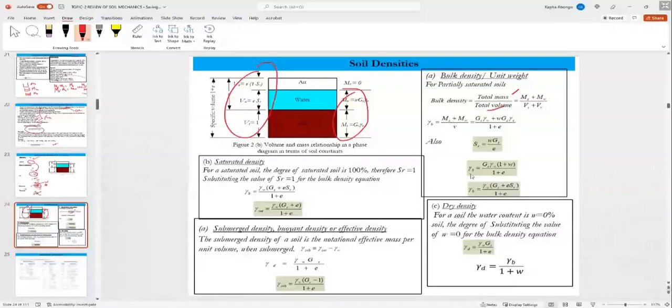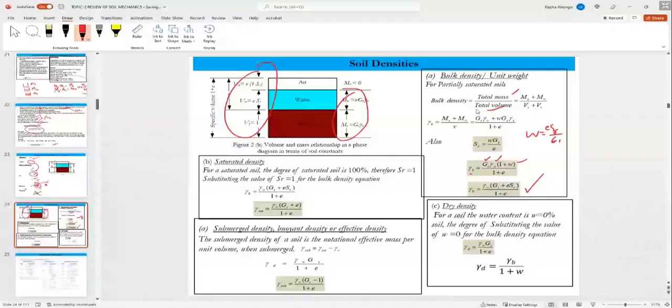The density is specific gravity times density of water times one plus water content over one plus e. Or you understand that the water content will be degree of saturation times e over Gs. So if you arrange that here, you'll get the same equation. These two equations are the same, expressed in a different way.